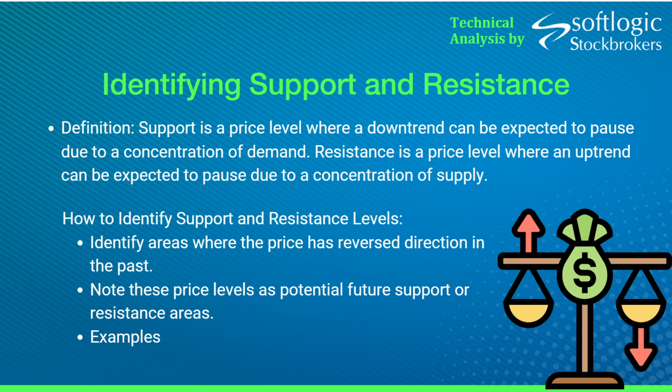And as I mentioned, support and resistance levels can take two forms. It can either take a certain level, for example, rupees 50 to 55, 40 to 45, whatever that is, based on your chart's stock pricing.